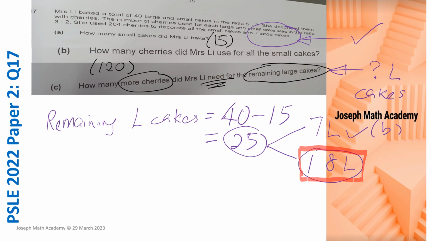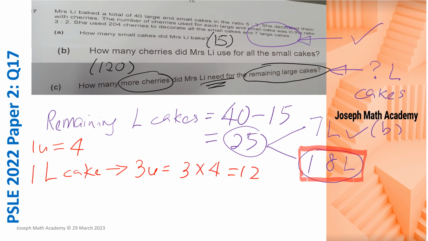Once we know this information, we are good to go. Now we know that one large cake requires how many cherries? In our previous slide, we know that 1 unit equals 4. Now one large cake is 3 units, so it will be 3 times 4, that is 12.